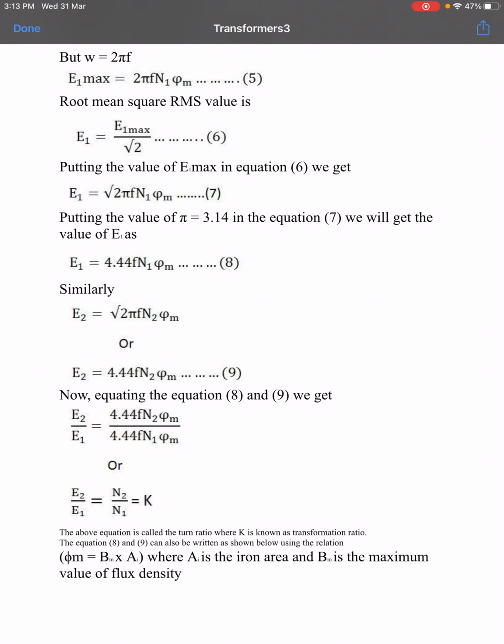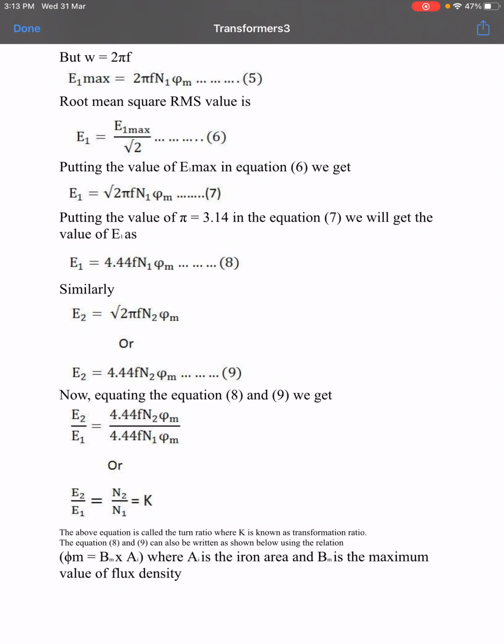Here E2 is the secondary induced EMF, E1 is the primary induced EMF, N2 is the secondary turns and N1 is the primary turns of the transformer. This is the transformation ratio or turns ratio.